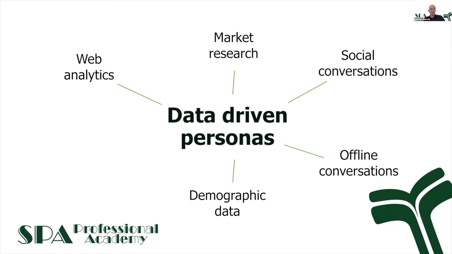Use demographic data. I mentioned it's part of the analytics. But whatever demographic data, that really helps us to use other sources to gain information about the personas. And look at the conversion data that we've got.